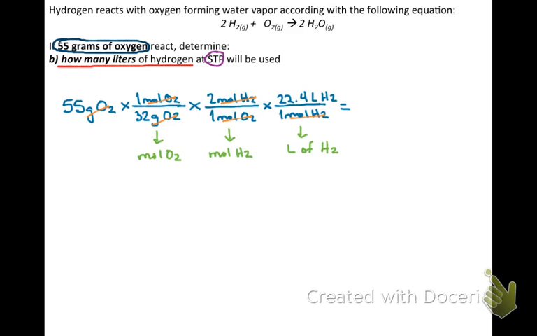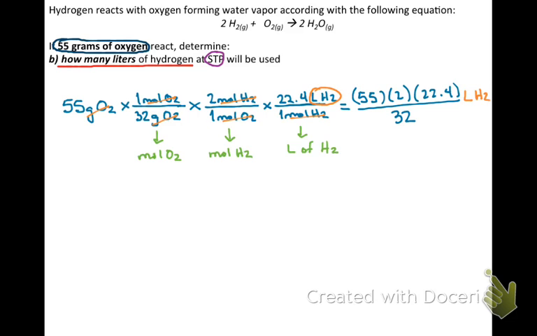Now it will be 55 times 2 times 22.4 divided by 32. The units are already liters of hydrogen, and then it is 55 times 2 times 22.4 divided by 32.